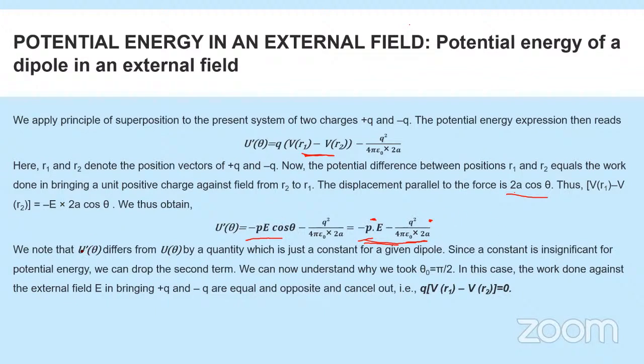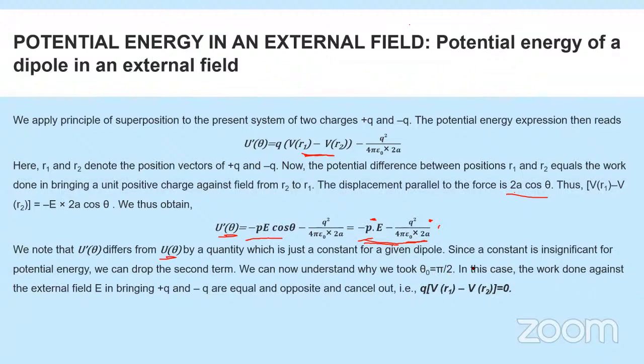Now you can see this U prime(theta) varies from the U(theta) that we got before by a quantity which is just a constant for a given dipole. We consider the constant to be insignificant for potential energy, so we can drop the second term. Now you see that we took theta 0 equal to pi by 2.